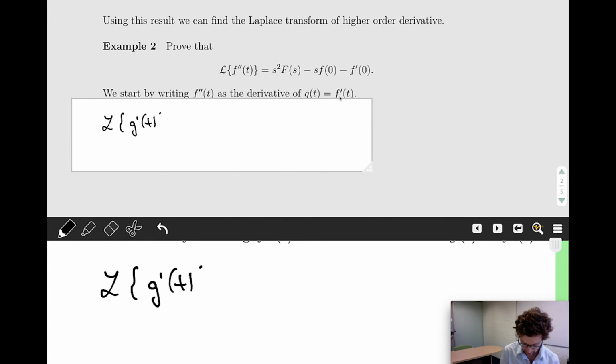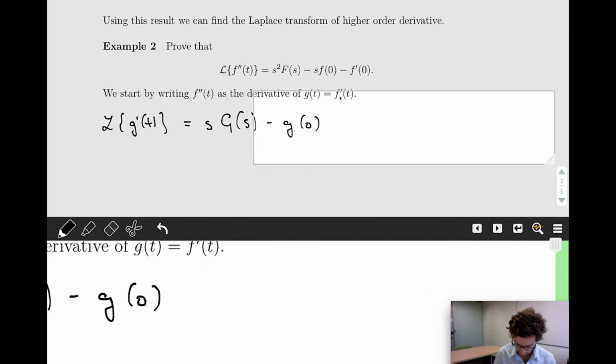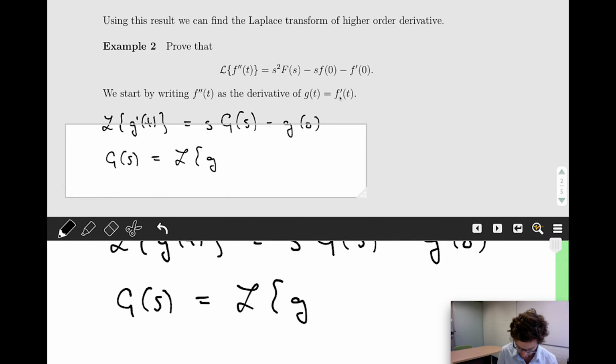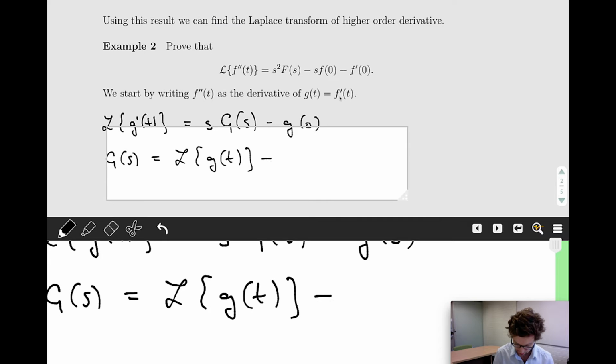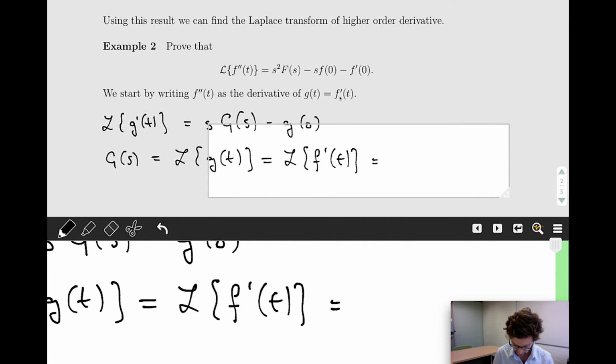Well, applying the result that we just proved in example 1, we know that this is s times, let's call it big G of s, minus g at 0, where here big G of s is the Laplace transform of my original function g of t. But I know that g of t is equal to the derivative of f, so I can apply my result again. So this is going to be s times big F of s minus f(0).